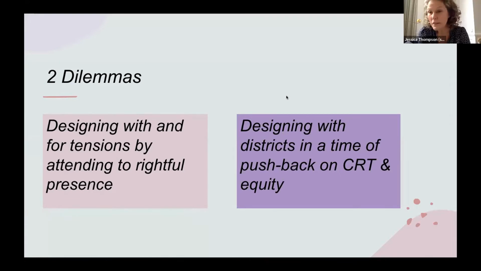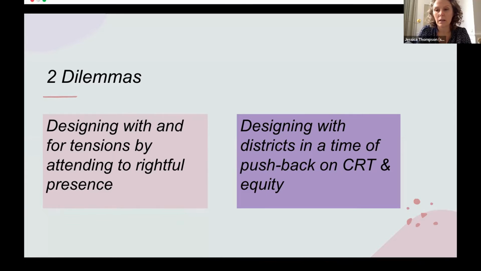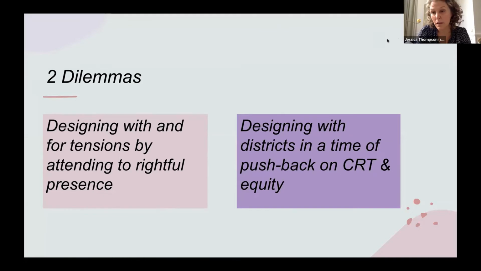From the three consultations, I saw two dilemmas that we, including myself, are wrestling with. One is designing with and for tensions by thoughtfully attending to the concept of rightful presence. The other is designing with districts around professional learning in a time of pushback on critical race theory or even equity quite generally.